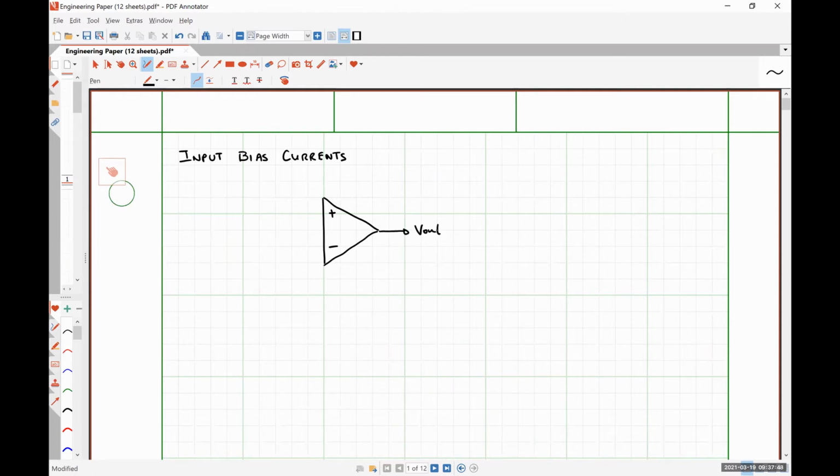Here is our terminal V out. Here is VN1, and here is VN2. We place our bias current, and I'm going to call this guy IB1.